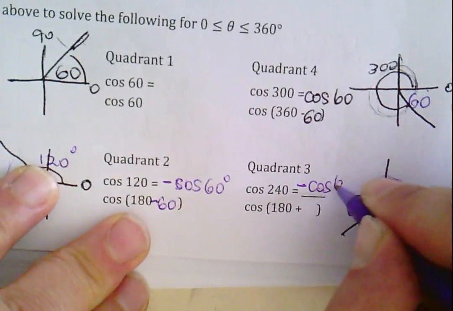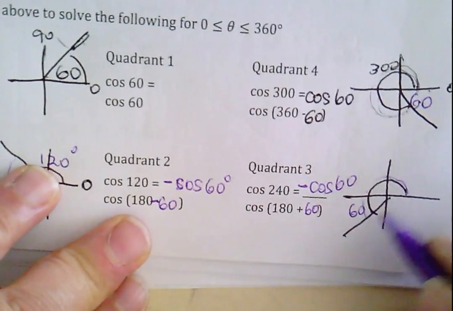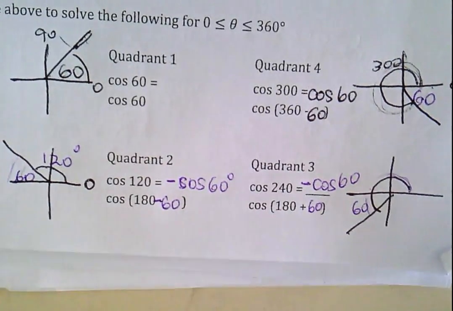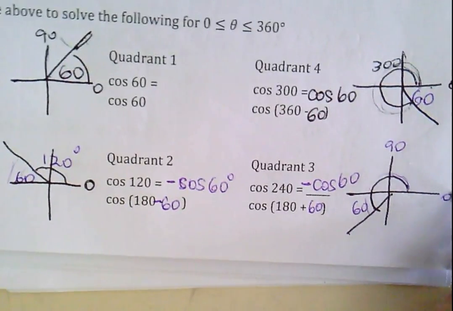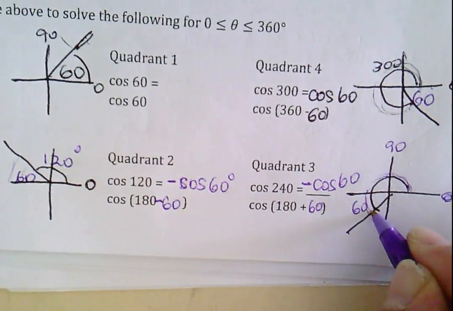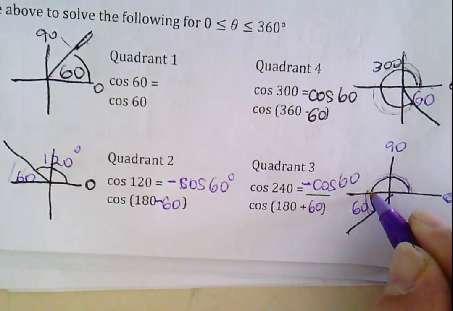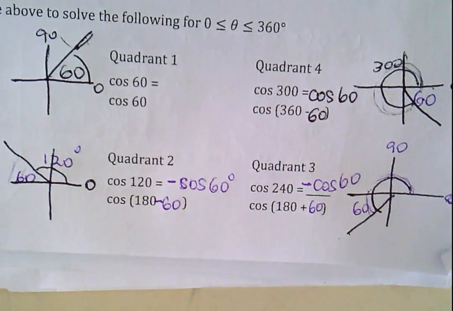So it's negative cos 60. How did I get 240? It was 180 plus 60. So we're trying to sketch out roughly where 240 is. Remember, you always start from here. You go 90, 180, and a bit more. 180 and 60 gives me 240. I'm interested in how I get to 240. It's the straight line plus 60.